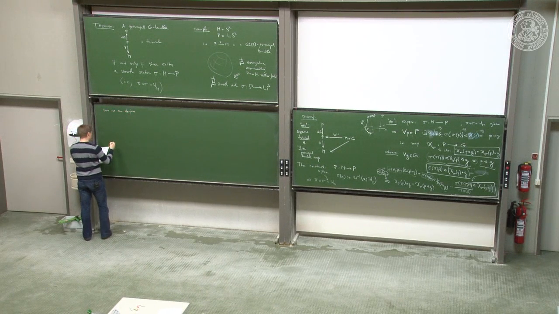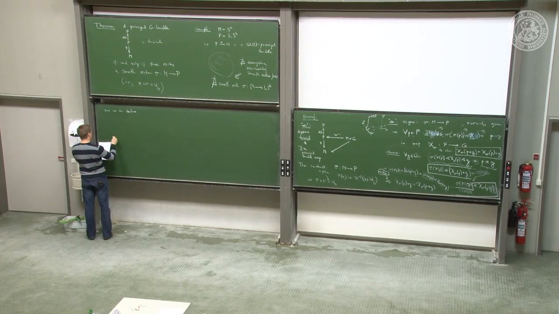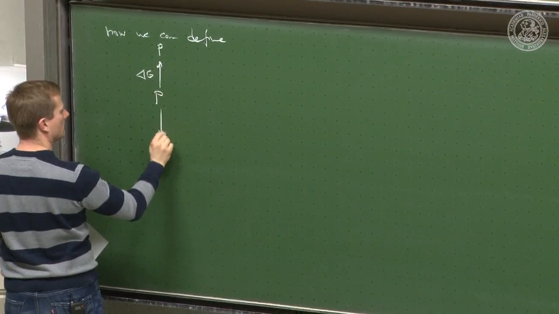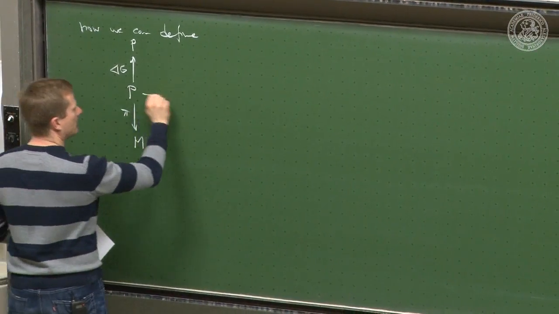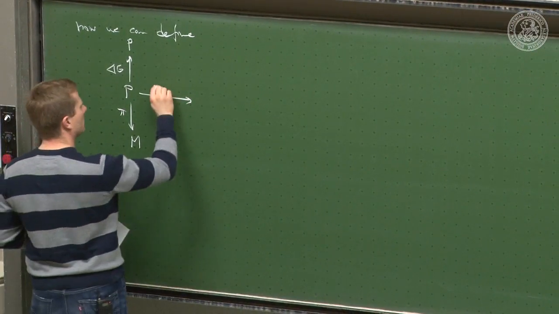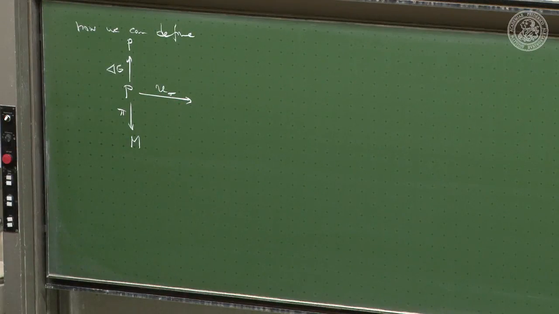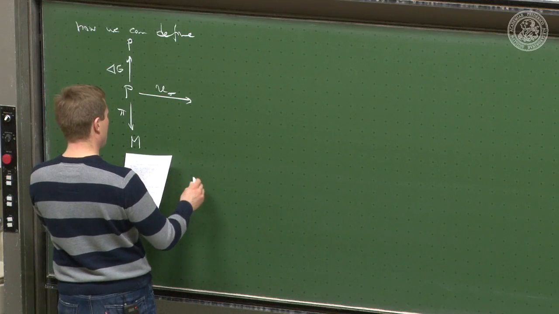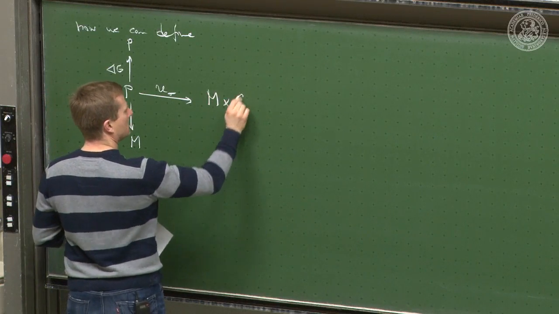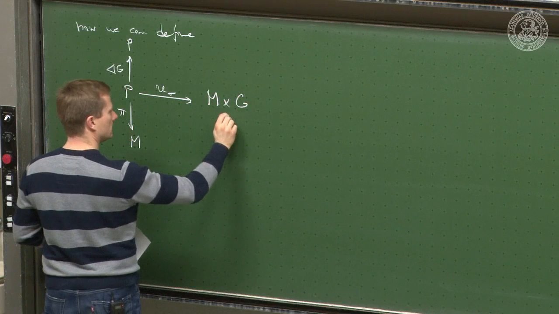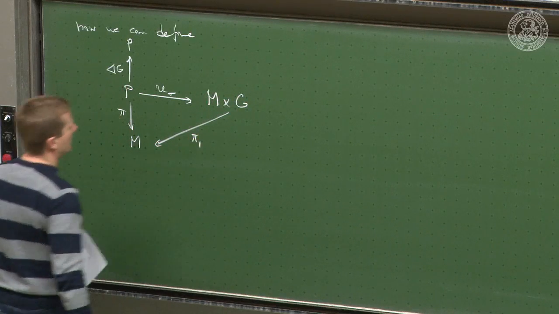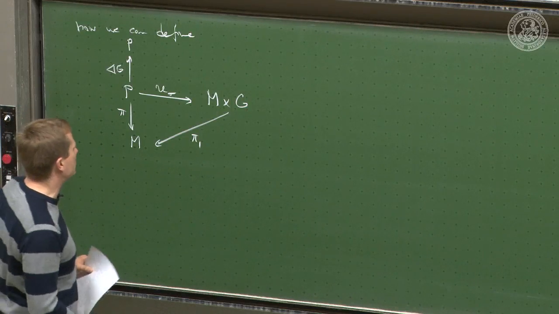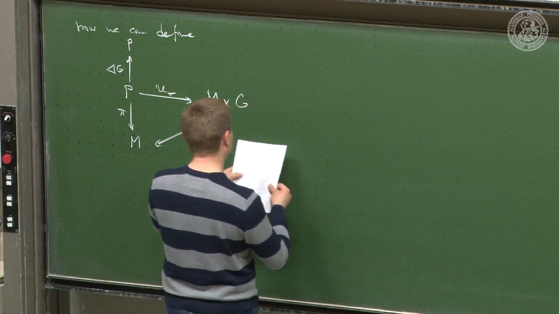Now we can start from our principal bundle, and we can define a map U that depends on the given section sigma, because in this direction the section is given. And we can construct a U over here, such that the U is a bundle map, because once we have that, we have established that the whole thing is trivial.